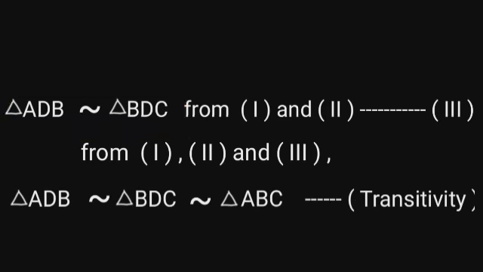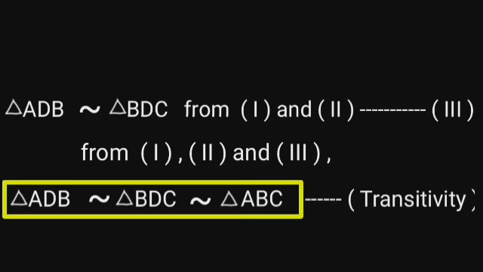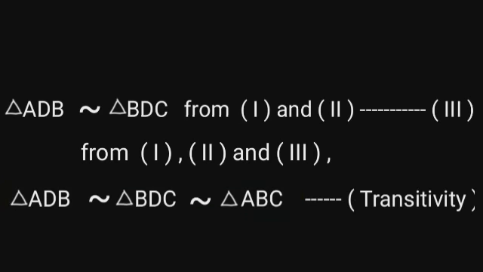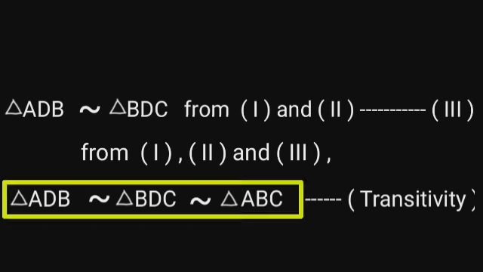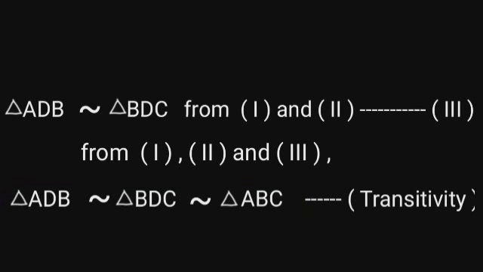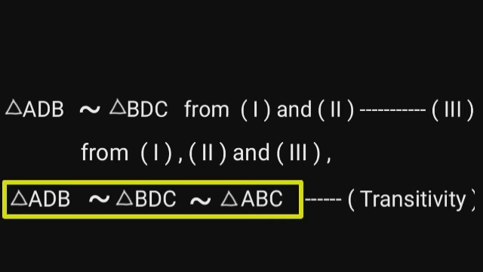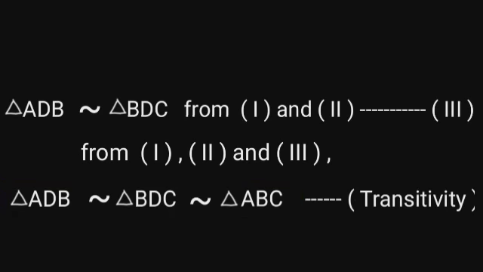This is our third statement. Hence, from statements 1, 2 and 3, triangle ADB is similar to triangle BDC is similar to triangle ABC. That is our property of similarity, transitivity. Thus we have proved it.